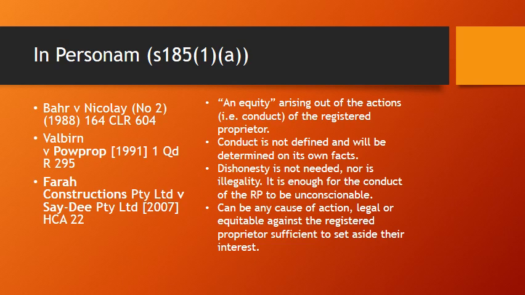So in the case of Barr and Nicolai, they said, look, that is broad enough for the in personam exception to apply, because for them to then turn around once they become the registered proprietor and ignore that unregistered interest means that they have essentially acted unconscionably, or would otherwise have had a claim made against them in equity. Right? There's a concept of fairness, because they've reneged on a bargain which they said they were going to pursue.